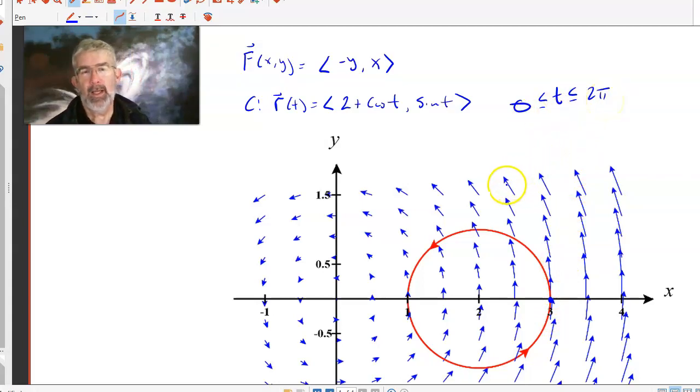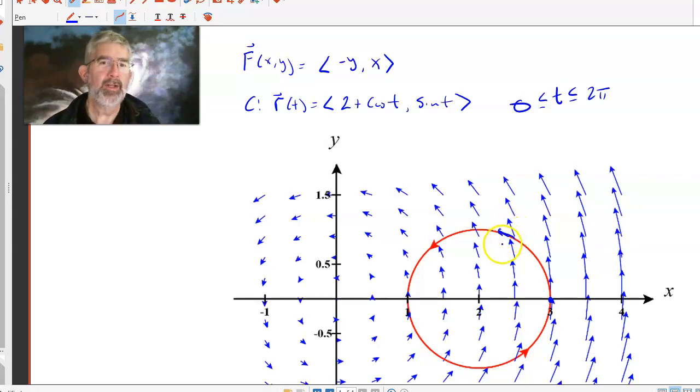Okay, and before I even start, I look and ask, am I expecting a positive or a negative? What kind of line integral do I think I'm going to get? Well, at every point I'm looking at the unit tangent vector and dotting it with the vector field at that point.